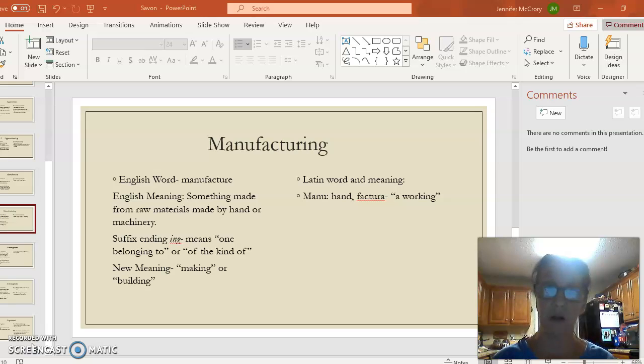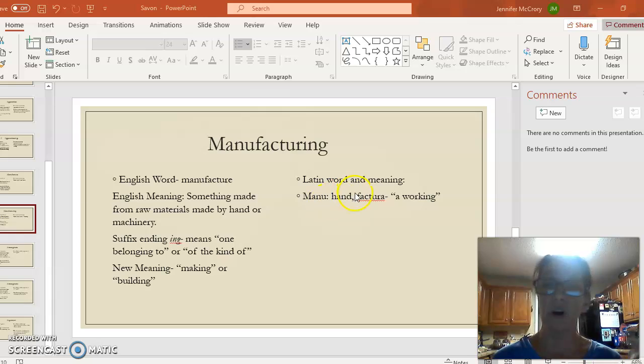So if you notice, a lot of what was on yesterday's slide is going to just move right over to today's slide. Our English word is still going to be manufacture. Now, our Latin word and meaning is going to change a little bit.